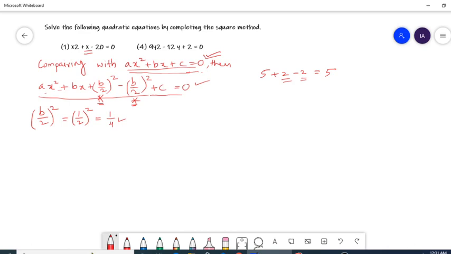So my original equation can be written as x squared plus x plus 1 by 4 minus 1 by 4, and the last term, that is c, will remain same, which is 20 in our case.